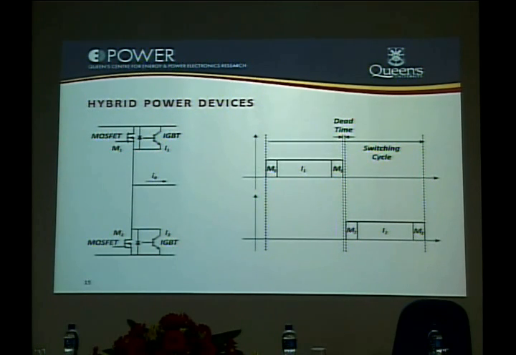If you do that, then during switch on and switch off, you can turn on the MOSFETs first, and then turn on the IGBT when the MOSFETs are on. Then we can rely on the switching characteristics of the MOSFETs, not on the IGBT, and thereby we can increase the switching frequency to several tens of kilohertz.